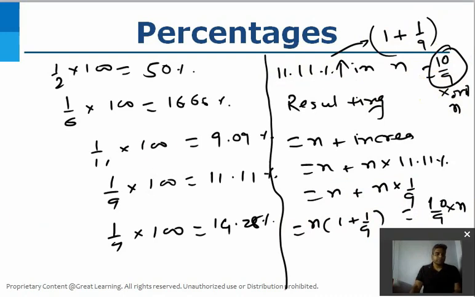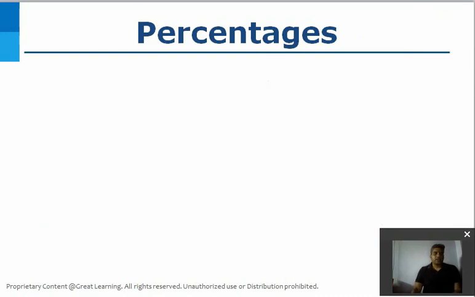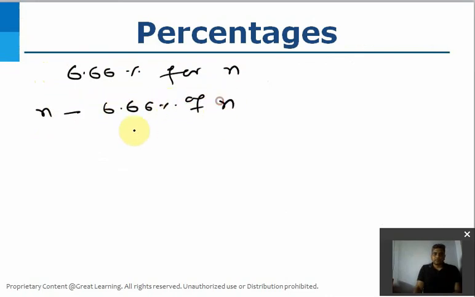Again, for a decrease, suppose we have a decrease of 6.66% for n. I know the decrease is n minus 6.66% of n, and 6.66% is 1 by 15.